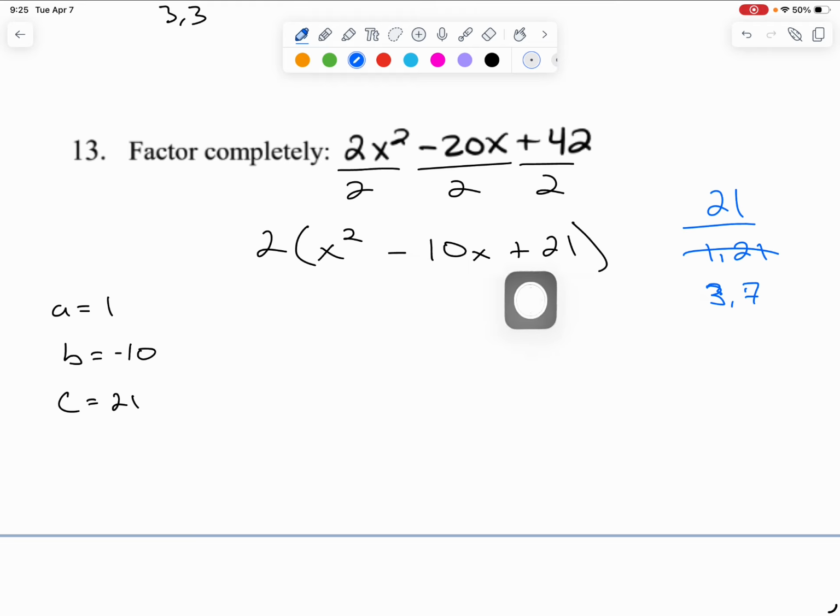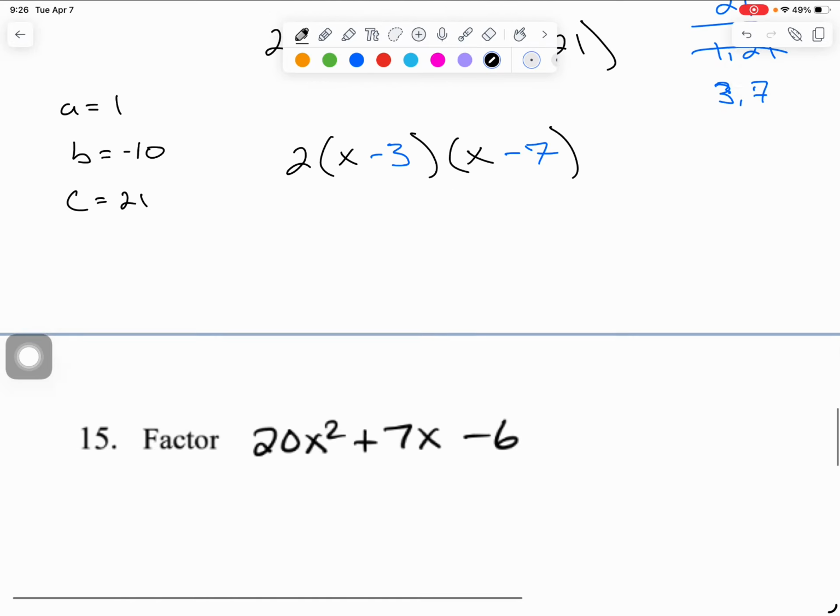Negative 3 plus negative 7 is negative 10. And negative 3 times negative 7 gives us 21. We have a winner. Chicken dinner. X minus 3 and x minus 7. That's exactly what it was looking for. Let's go on to the next one.